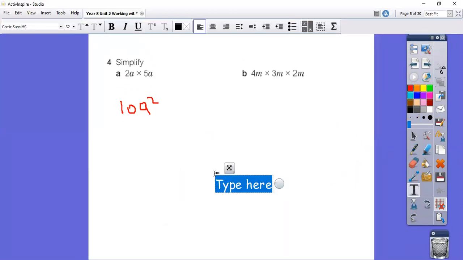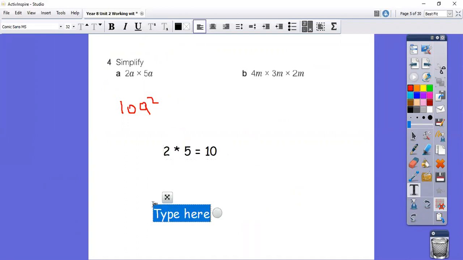Just in case that's a little bit clear. So it's 2 times 5 equals 10. And then a times a equals a squared.